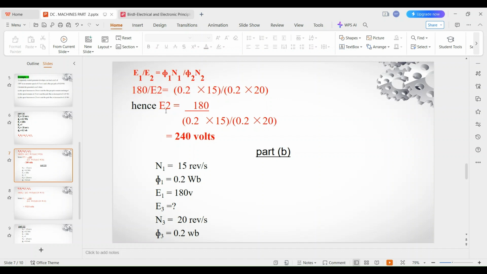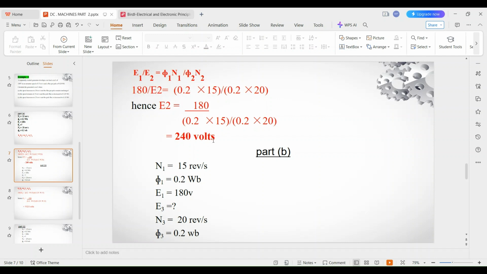Therefore, E2 will be equal to 180 divided by 0.2 times 15 divided by 0.2 times 20. I believe it's clear. So if you perform this in your calculator, we shall get our EMF to be 240 volts.